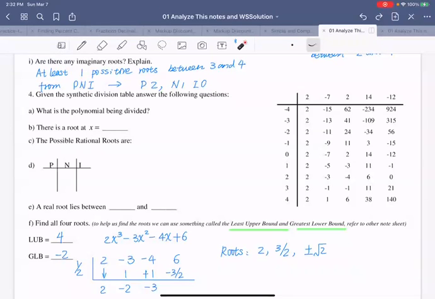Yeah, Olivia also got PNI correct. How about other students?